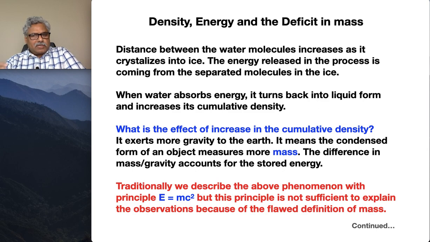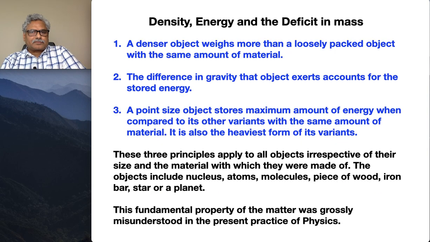But this principle is not sufficient to explain the observations because of the flawed definition of mass. So why are we missing all these concepts? Because the flawed definition of mass is holding us from actually realizing what is happening inside the nucleus.